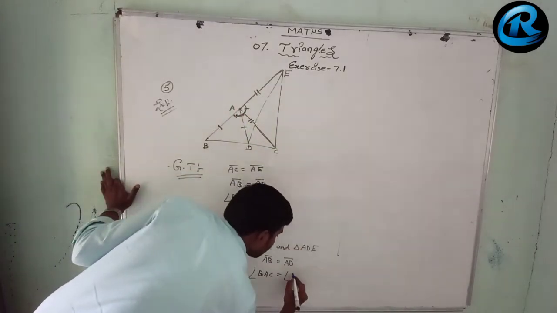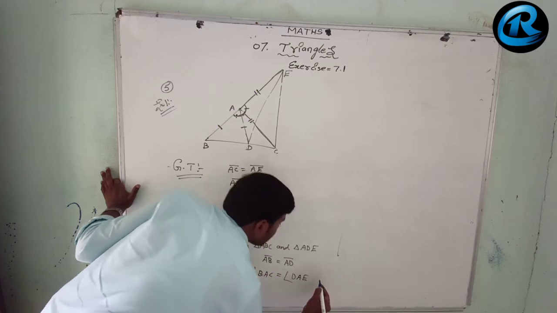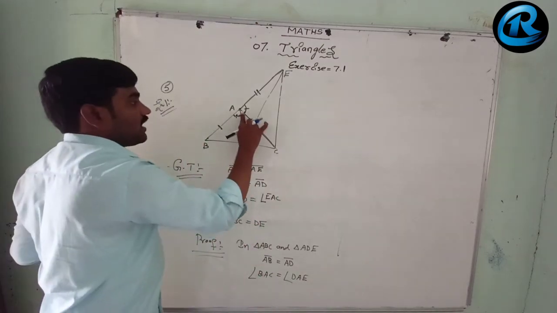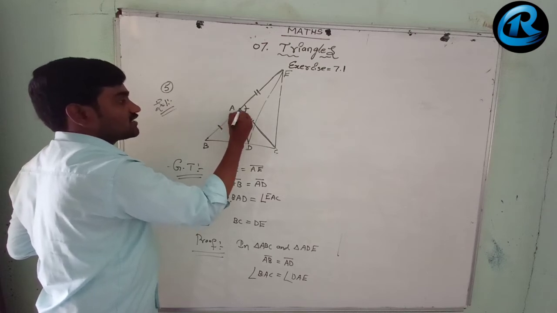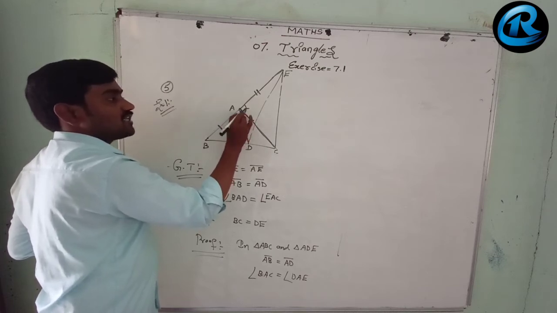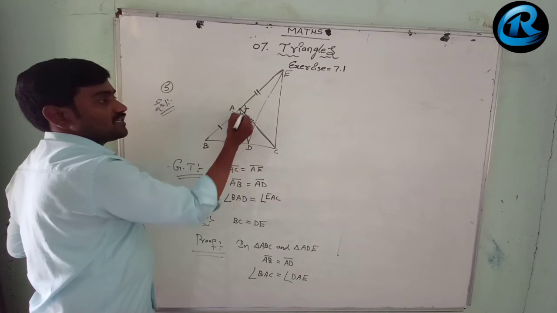DAE, angle DAE. Here we have to understand it in a certain way. They have given only this angle, and this is a common part. This angle will be same for this and this.